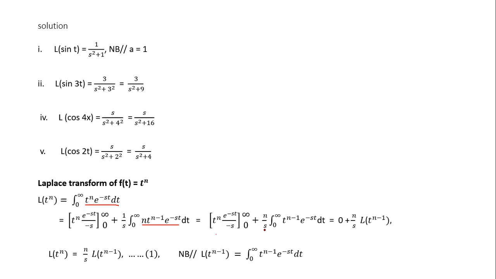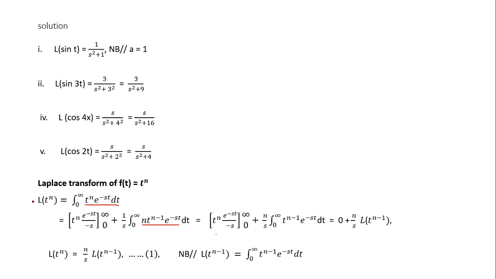Now when we do the evaluation and simplify this one, it will give us 0 plus n over s times L, that's the Laplace of t power n minus 1. You should know why it's Laplace of t power n minus 1.